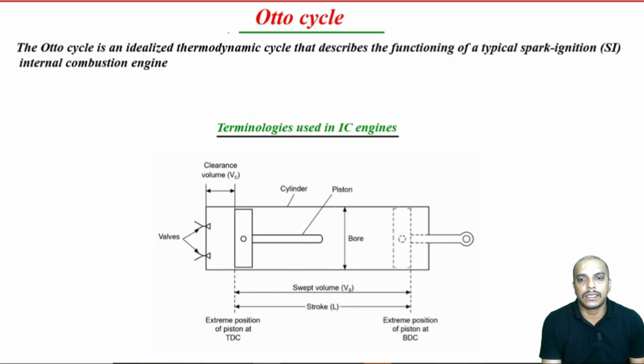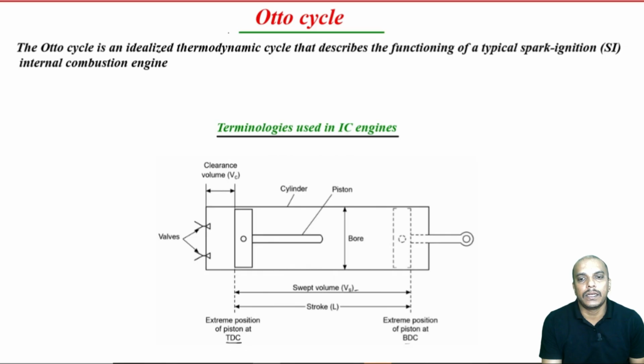The extreme position of the piston, we call it top dead center. The extreme position towards the right side, we call bottom dead center. So, the piston moves from top dead center to bottom dead center, and the volume it covers from TDC to BDC, we call the swept volume.